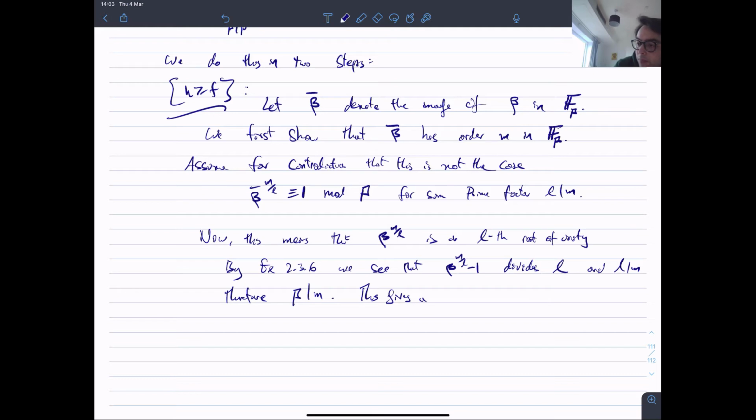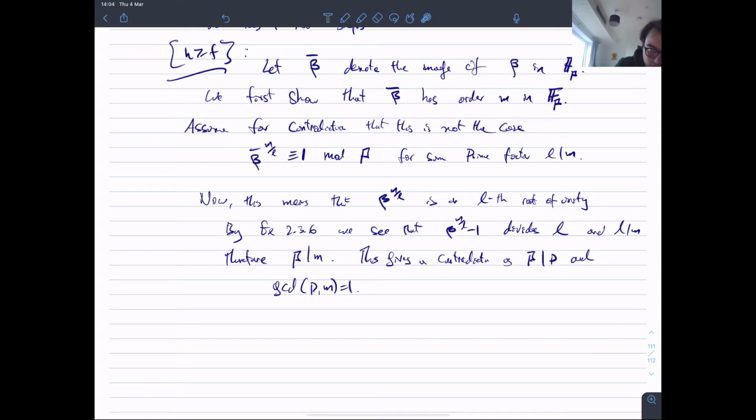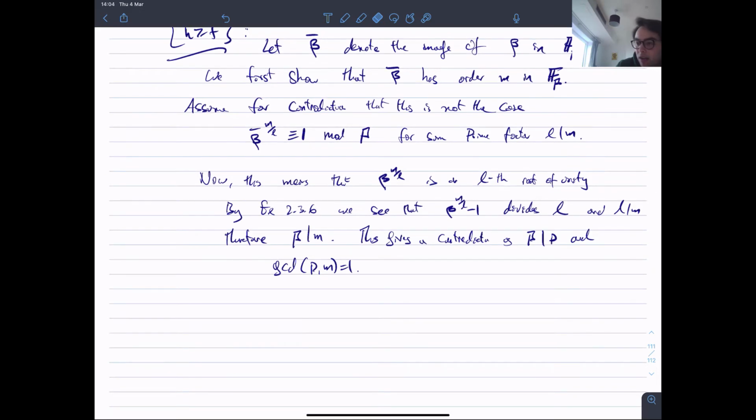This prime ideal P divides m, and the GCD of P and m by construction is 1. So this can't have happened. So this beta has to have order m inside this field. That's basically the biggest order. Great, so this has order m in here.